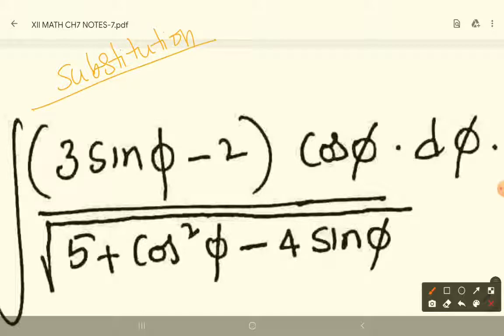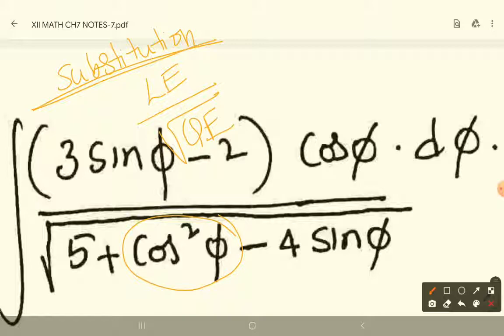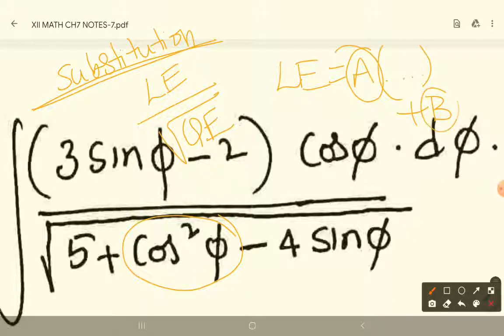Before the substitution method we converted cos square into 1 minus sin square. After substitution, as sin theta is equal to t, sin phi is equal to t, you get a linear expression by root over a quadratic expression. Then we write the numerator, the linear expression, as a into the derivative of the denominator plus b.